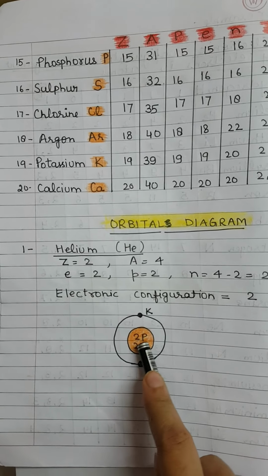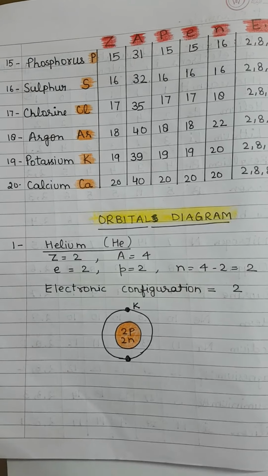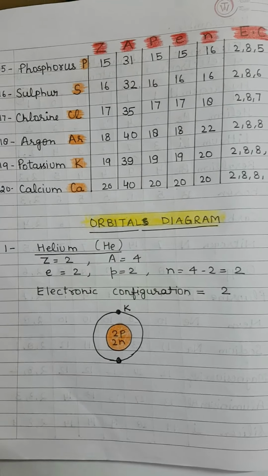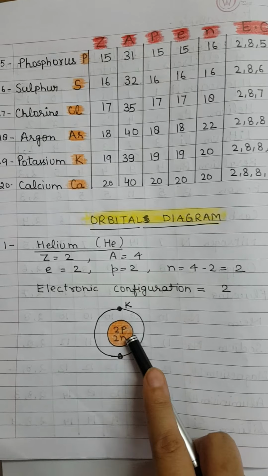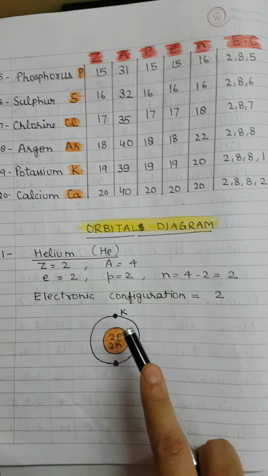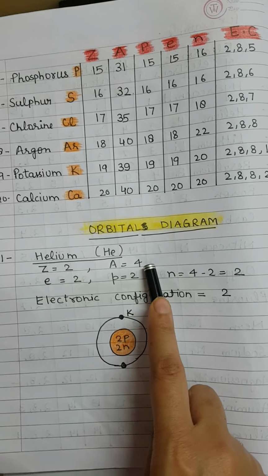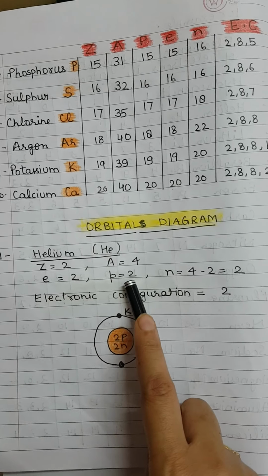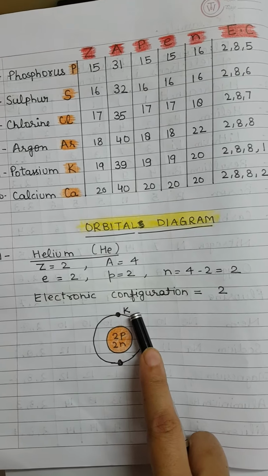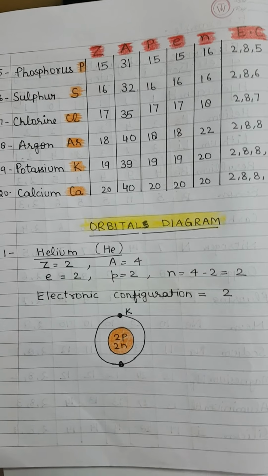And in the nucleus, 2 protons and 2 neutrons are present. So this diagram is called an orbital diagram. And before starting this diagram, you have to write the atomic number, mass number, electrons, protons, neutrons and its electronic configuration.